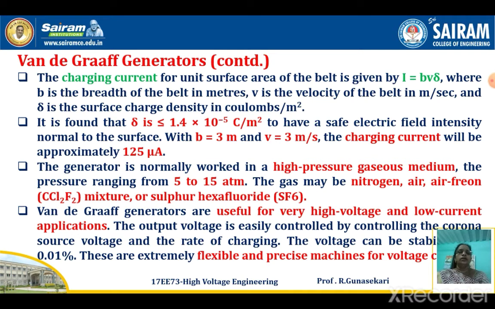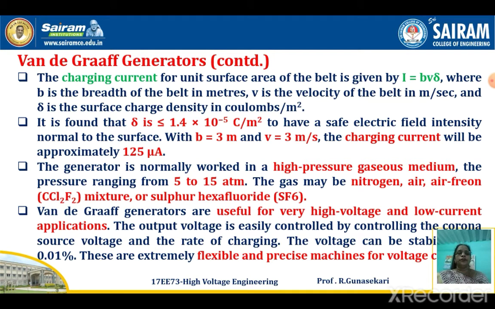Delta is less than or equal to 1.4 into 10 to the power minus 5 coulomb per meter square, the breadth of the belt B is equal to 3 meters, and the velocity is equal to 3 meters per second. Now by using the formula I equals delta B V, you can calculate the charging current, which is equal to 125 microamps.